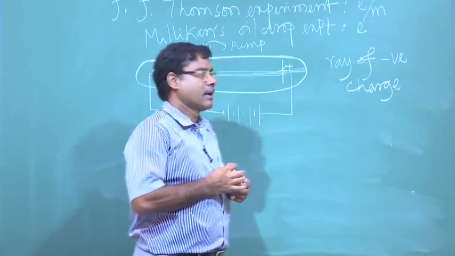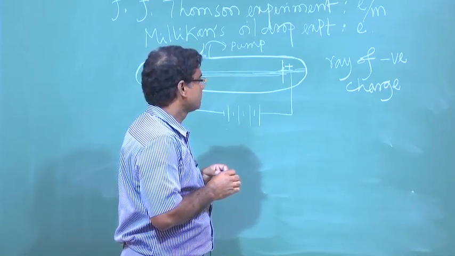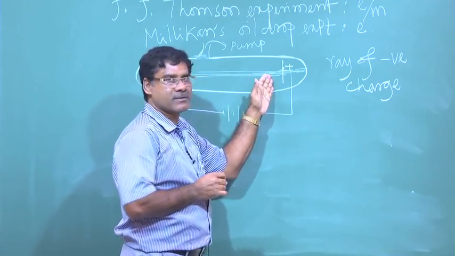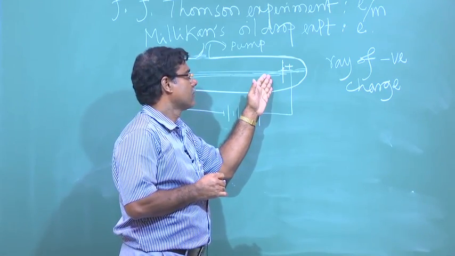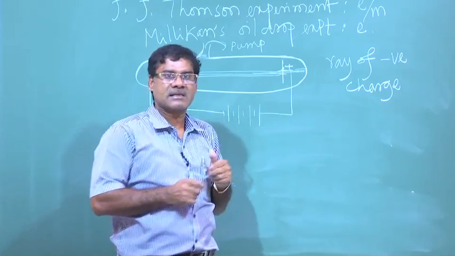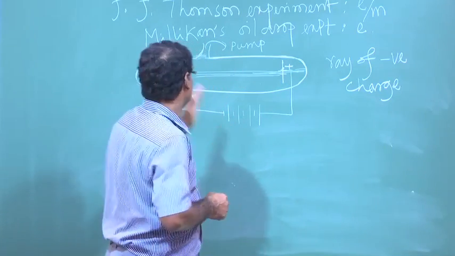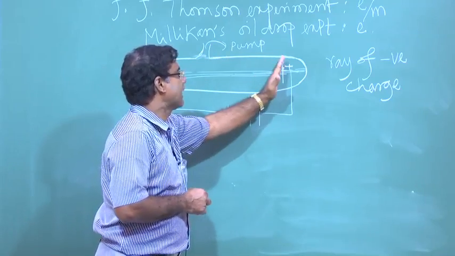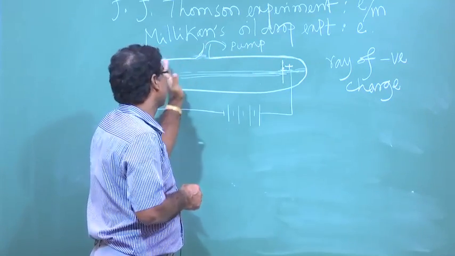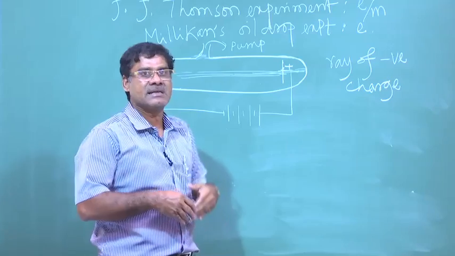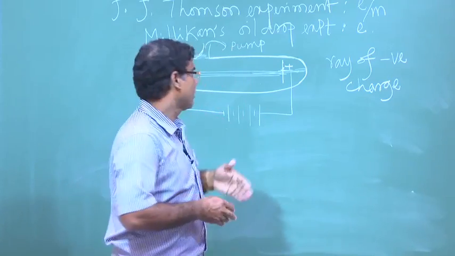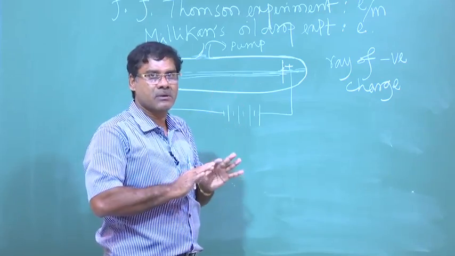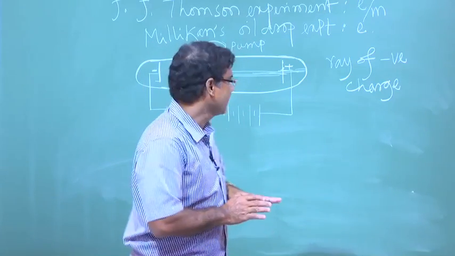Also it was known that this ray is independent of the material of the electrodes, cathode and anode, as well as independent of the nature of the gas used in the tube. So, this was known from earlier study.